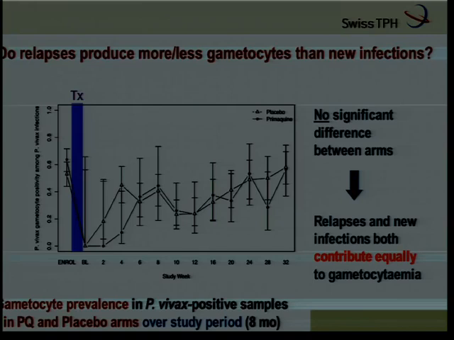So here we see the percentage of gametocyte positives in these samples, and the confidence intervals overlap. There is basically no major difference over the entire study. So we concluded from this finding that relapses are the same as new infections in their contribution to gametocytes in these children.